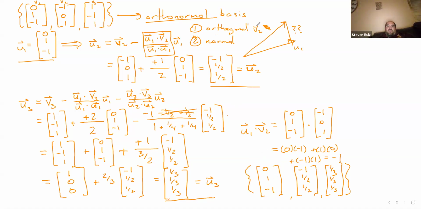So that one I'll check off. What we don't have right now is normality. None of these vectors right now have a length of 1. So how do I adjust these vectors so that their magnitude is what I need their magnitude to be?